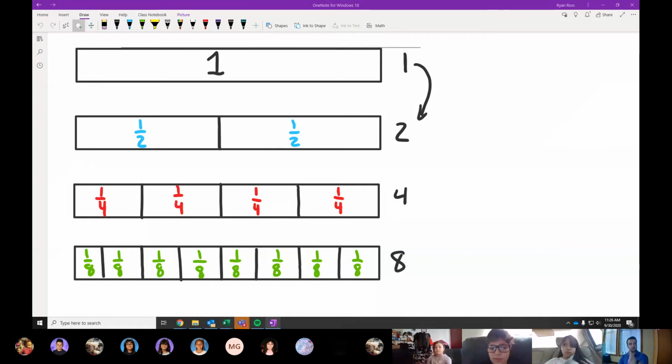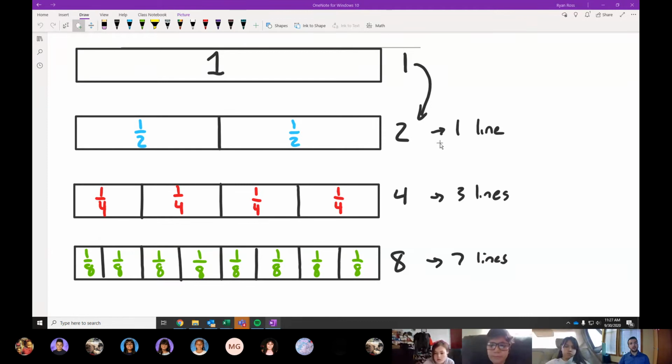Okay, so the lines that we drew to separate it, you said that the number of lines it took to cut it up into those equal shapes is one less than the number of pieces we need. Is that what you're saying? Mm-hmm. So 2 needs 1 line to cut it. 4 needs 3 lines. And 8 needs 7 lines.